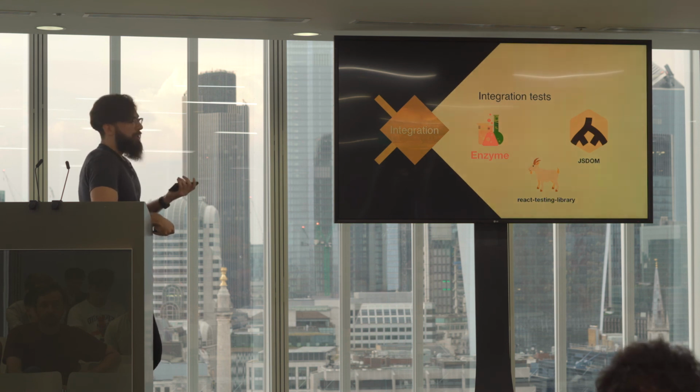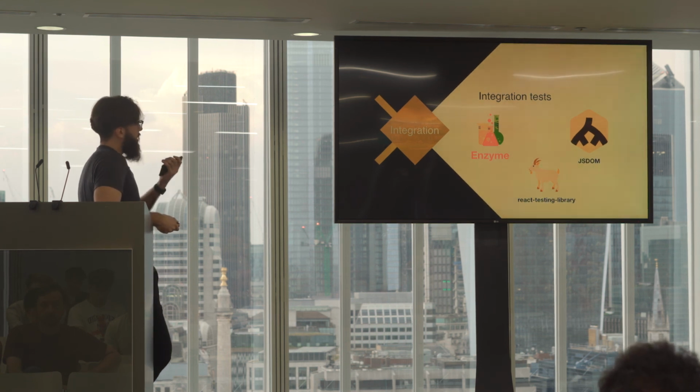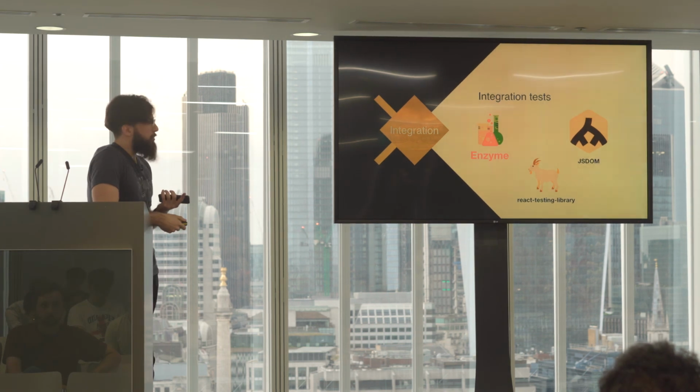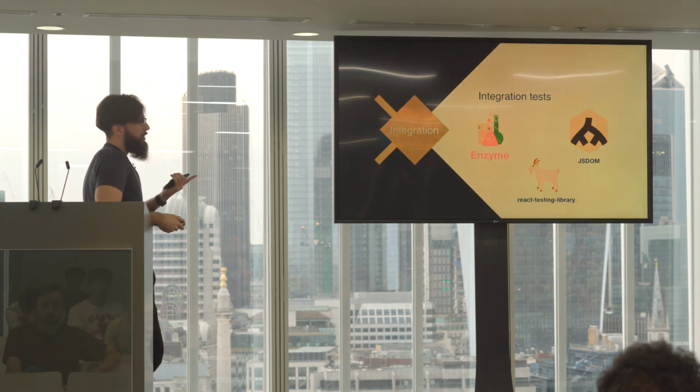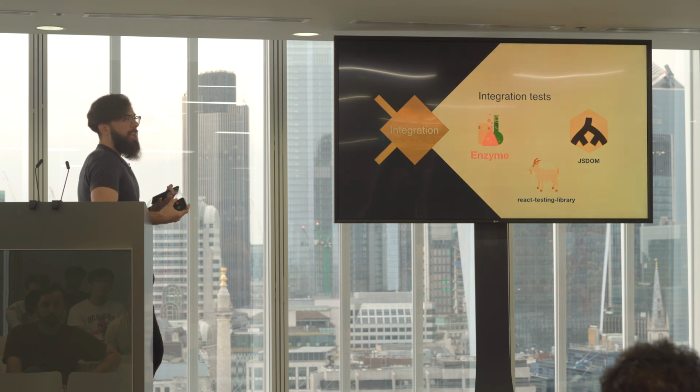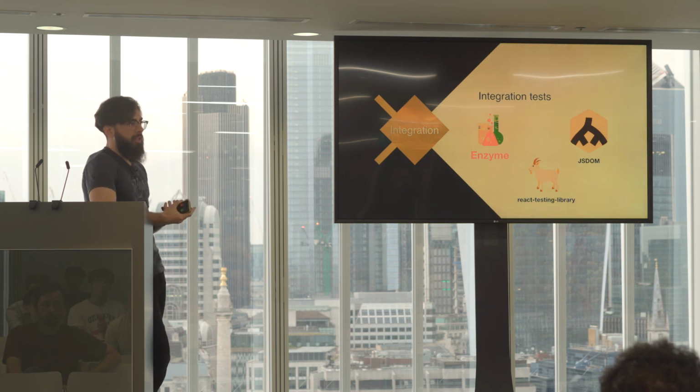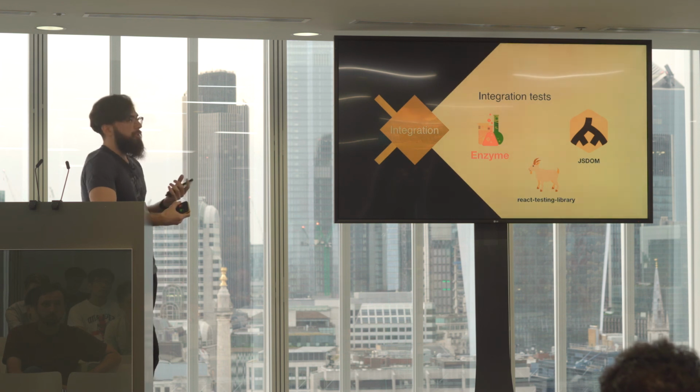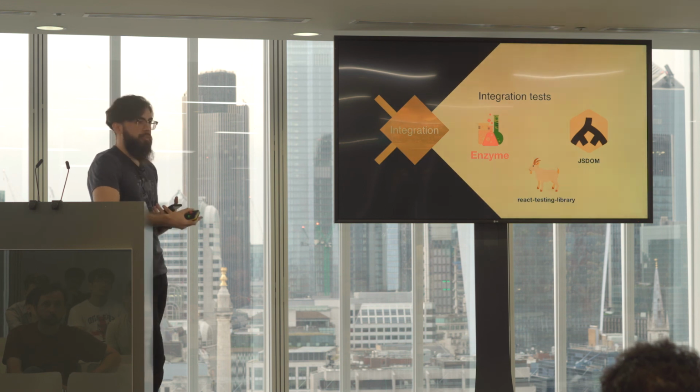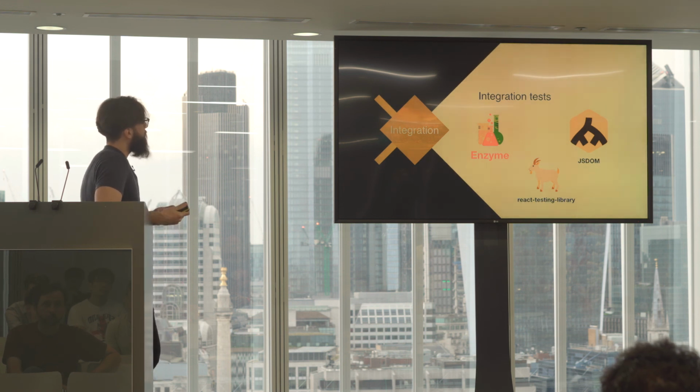And for integration tests, as I said, I usually use Enzyme. Many people use React Testing Library, and both of those are built on top of JSDOM, which is just a fake implementation of the DOM. So if I need to interact with any browser API, I will stub those browser APIs, and I'll make sure they're being called, being called with the right things, and being called the right number of times, and that kind of thing.